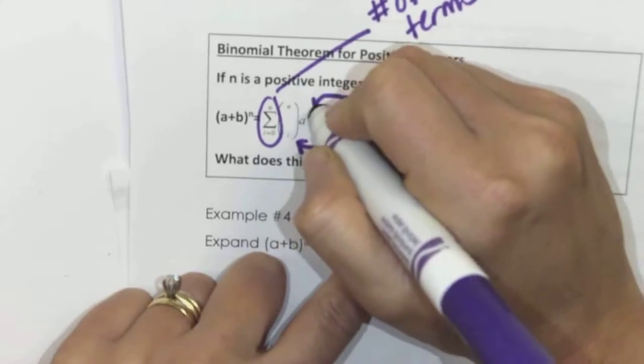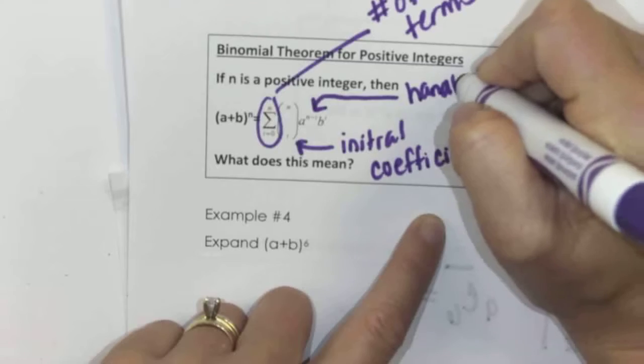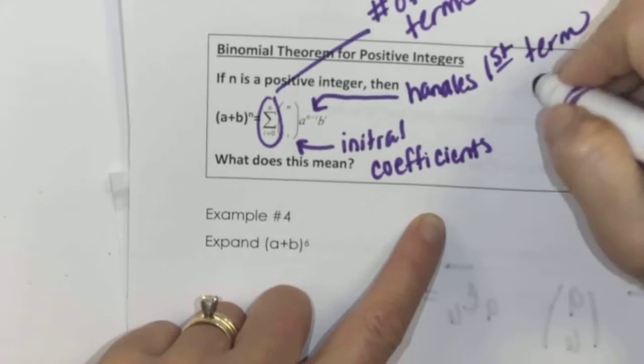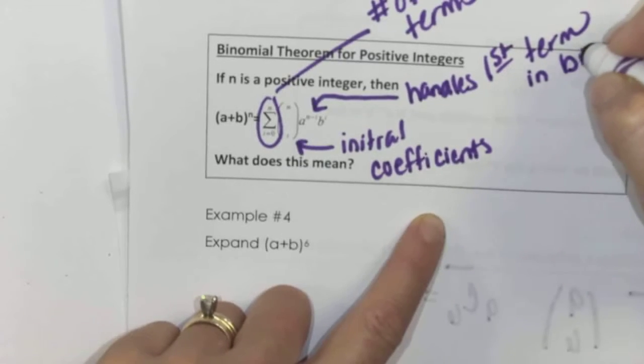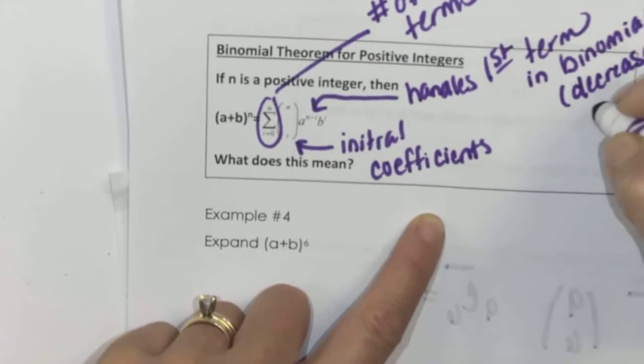This right here handles the first term in the binomial, and that makes it decrease the exponent.